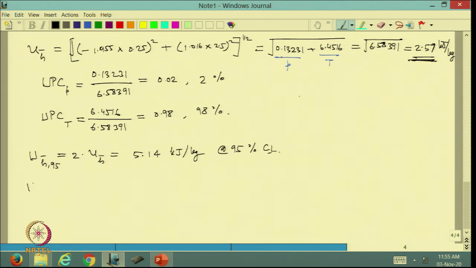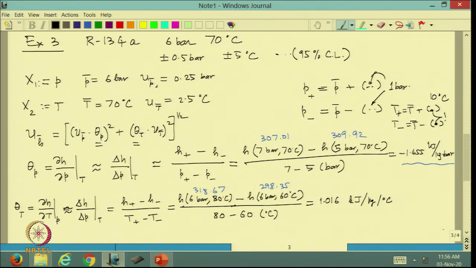And the last thing one can do is also look at u hat, the relative uncertainty, which will be this value 5.14 divided by the mean value of the specific enthalpy, which in this case we can get from the previous page. It is of the order of somewhere here, 309, 310, somewhere like that.